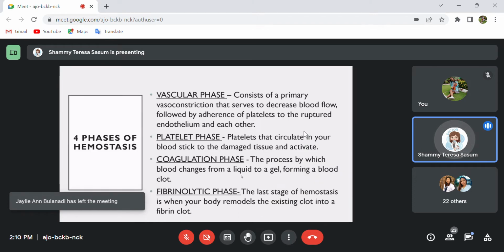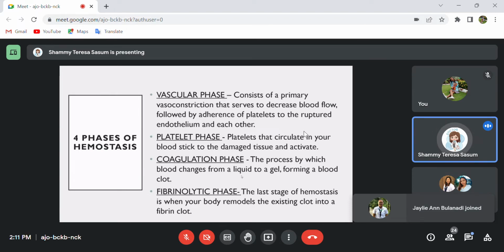There are four phases of hemostasis: vascular phase, platelet phase, coagulation phase, and fibrinolytic phase. In the vascular phase, primary constriction occurs that serves to decrease blood flow, followed by the adherence of platelets to the ruptured endothelium and to each other. Platelet phase.